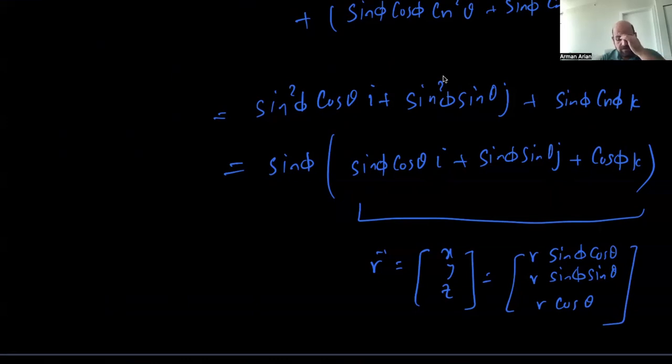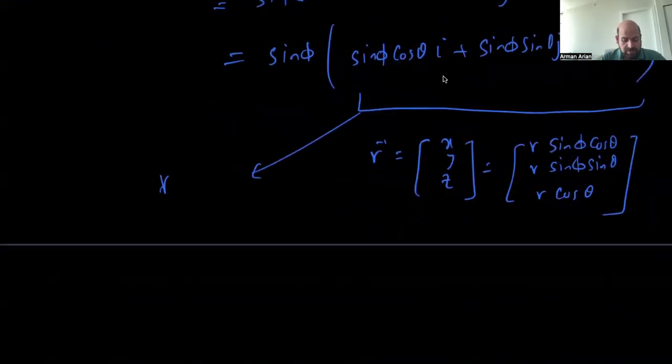So this vector that appeared here is vector r divided by the magnitude of r, which is just denoted by r with no vector notation. Another notation for this is r hat, the radial unit vector.